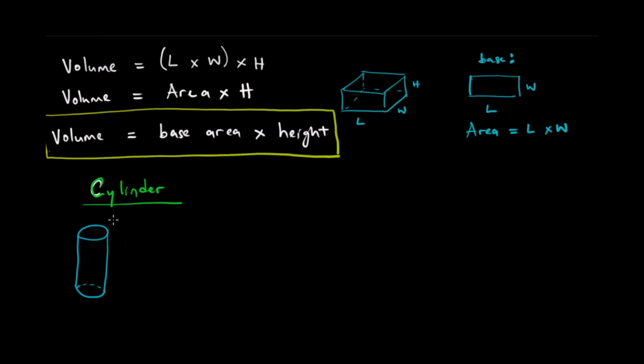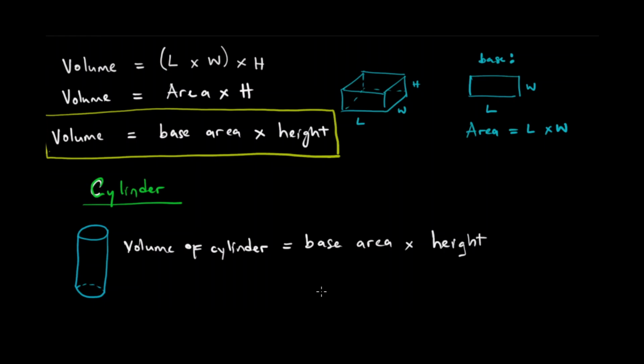We want to find the volume of a cylinder. Volume of cylinder, what is this going to be equal to? The volume of a cylinder is equal to, like the general or basic formula of a volume, base area times height.